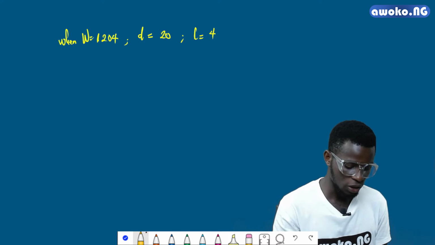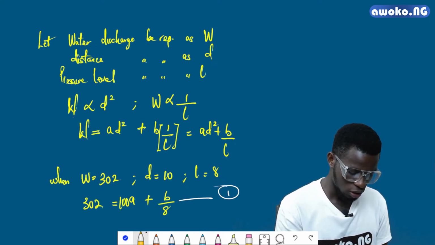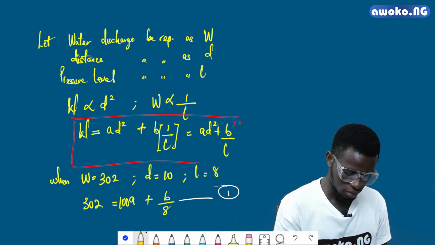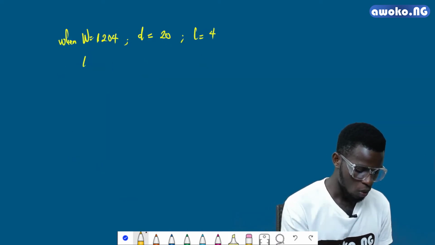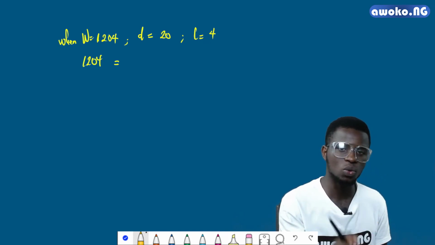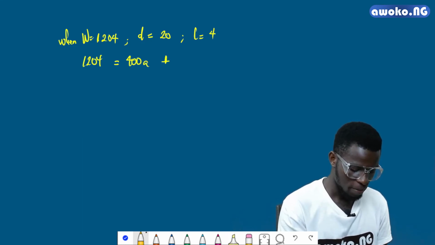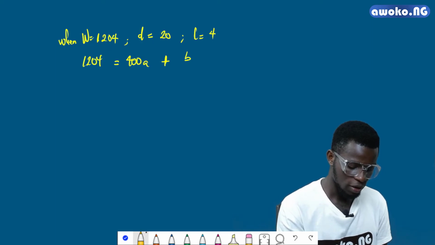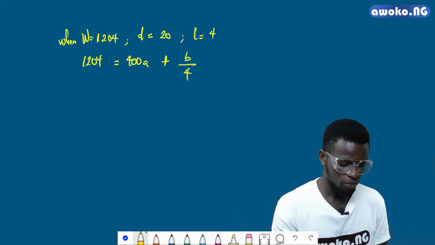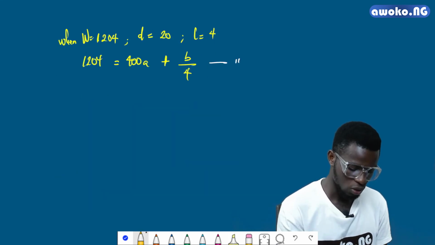So if we substitute these values into this equation, we would have 1204 is equal to 20 squared times A. 20 squared times A is going to give us 400A, right, plus B over 4. And we can call this equation 2.